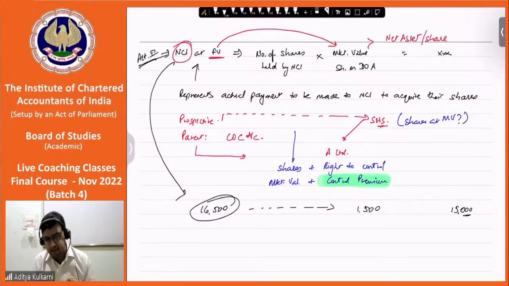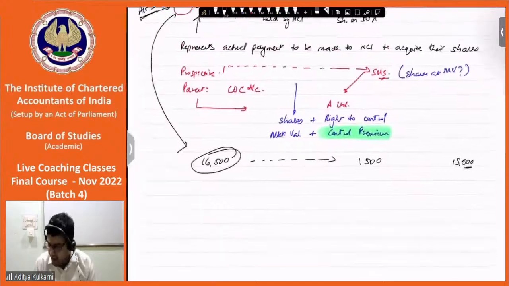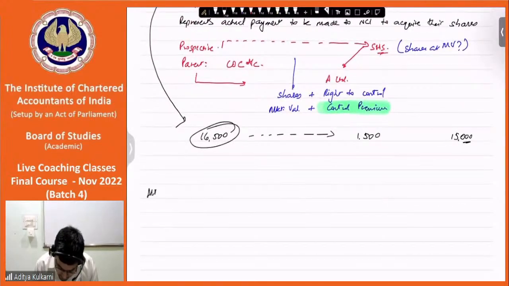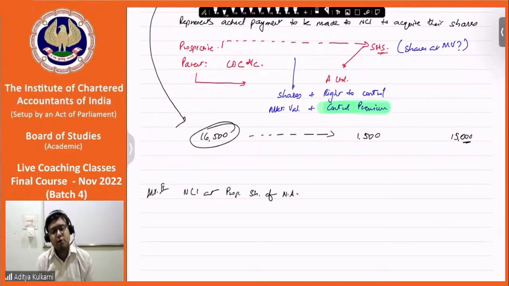So alternative 1 is NCI at fair value. Alternative 2 is NCI at proportionate share of net assets. In this, forget the fair value. I am acquiring the company. My share is 80%. So whatever net assets are attributable, 20% to NCI, show it as NCI and finish it off.